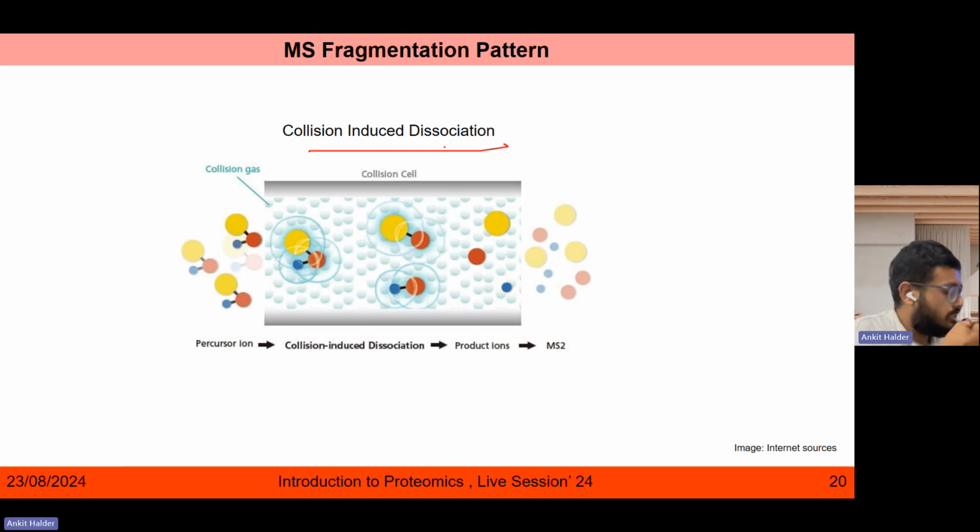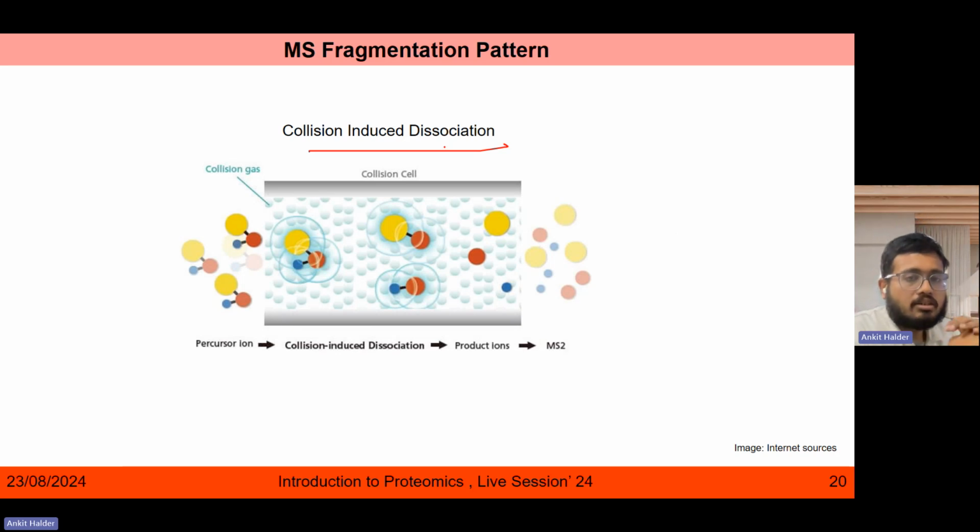From the name it is quite clear what we are trying to say: it induces the dissociation through collision, with inert gases or noble gases.